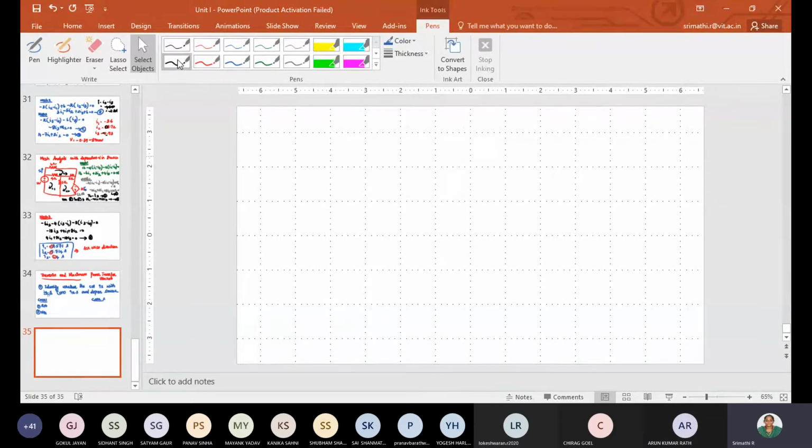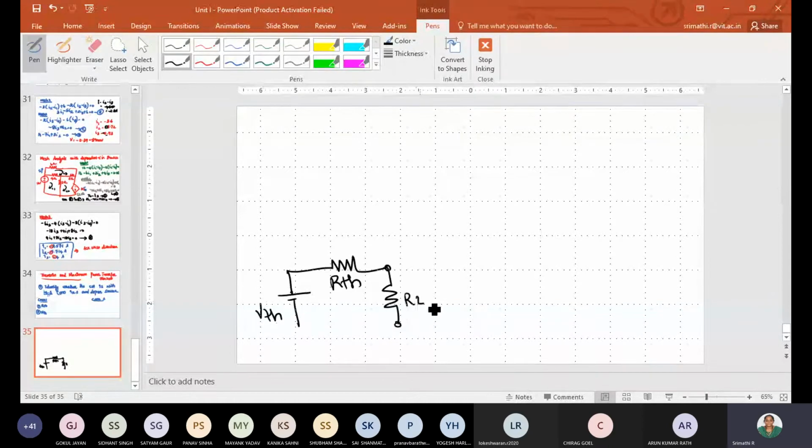So this is your Thevenin equivalent circuit. All the circuit elements are converted into VThevenin and RThevenin, excluding the load or the element under consideration. Later, in the Thevenin equivalent, we join this load to find the current through the load, the voltage across the load or the power across the element. This is the Thevenin's equivalent circuit.